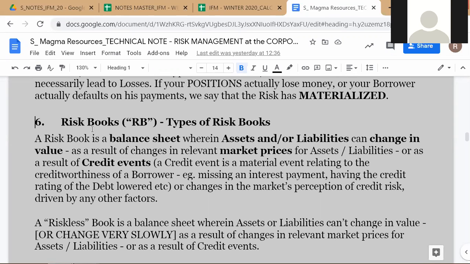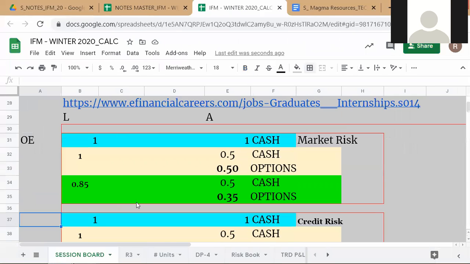So they are running risk books, which means that they have balance sheets like the example I gave you yesterday with Aman's purchase of options. A useful way of thinking about a risk book is to have assets and liabilities.